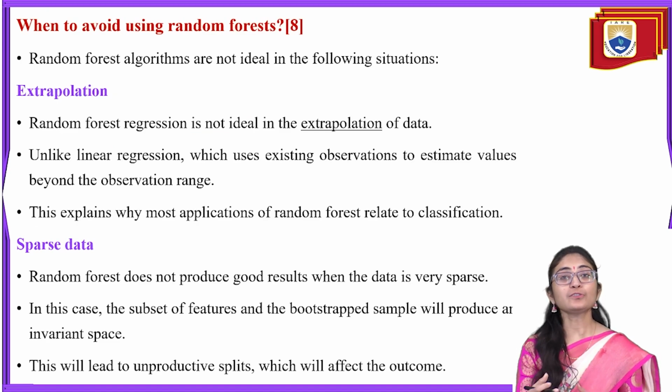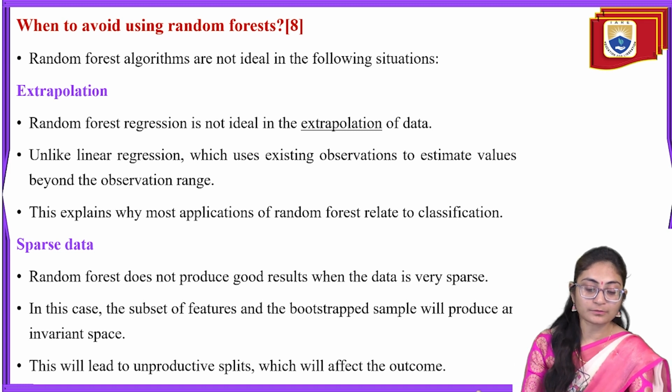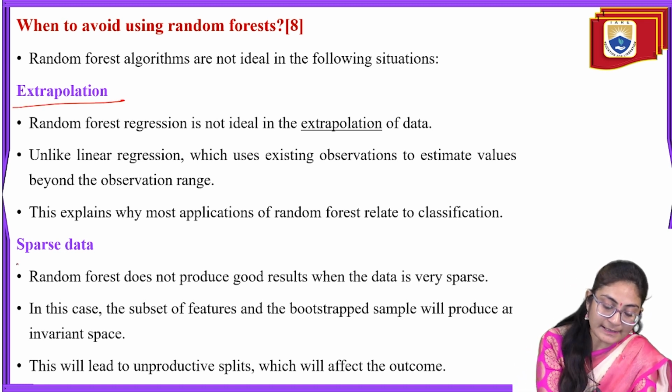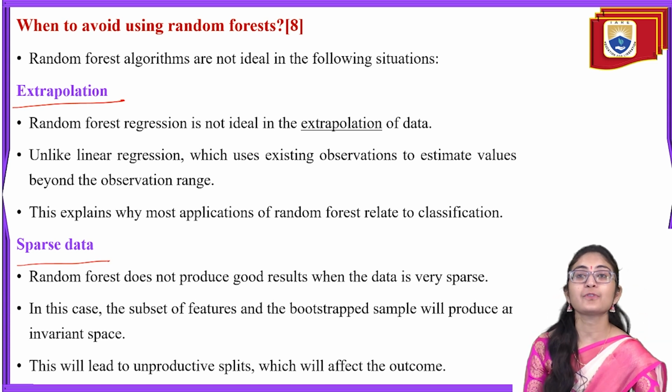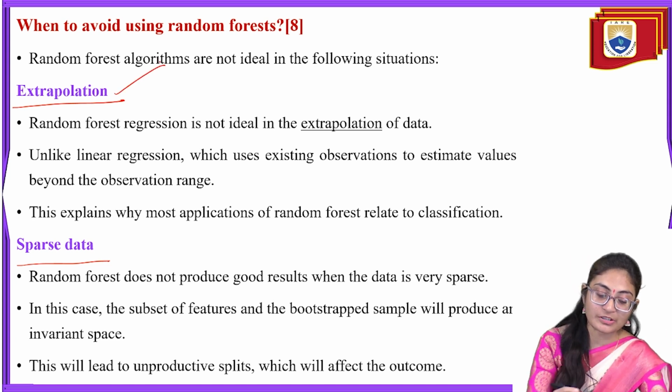Then when to avoid using the random forest? Actually, there are two conditions: extrapolation and sparse data. Random forest algorithms are not ideal in the following situations. First one is extrapolation.